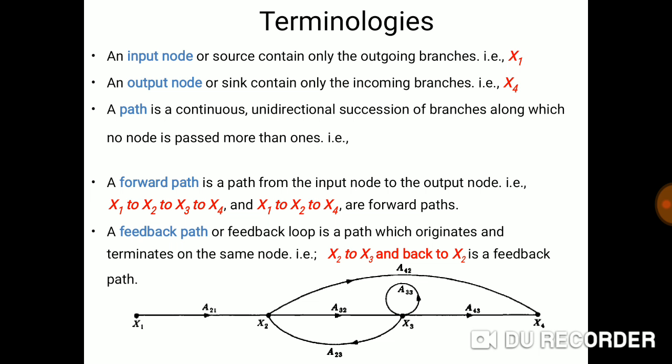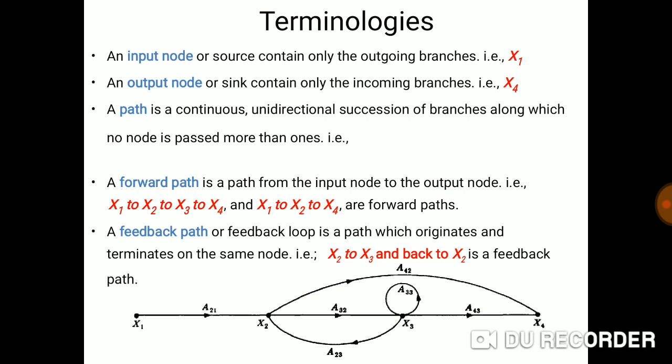As we discussed about what we mean by path, x1 to x2, x3 to x4 is one path. Another path is x1 to x2 to x4. Another path is x2 to x3, x3 to x4.